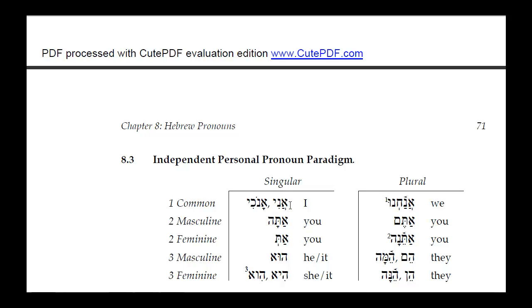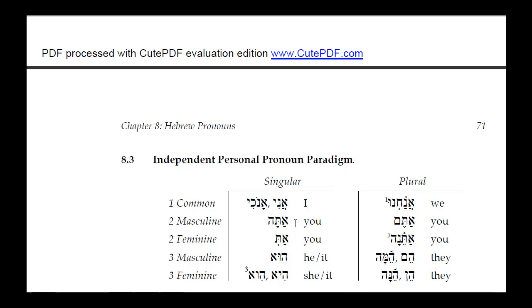For the personal pronoun, we have two types here in the singular that are attested. That means they are found within the scriptures. One is ani, or anochi. They both mean the same thing, I, but there are just two different forms found within the biblical text.